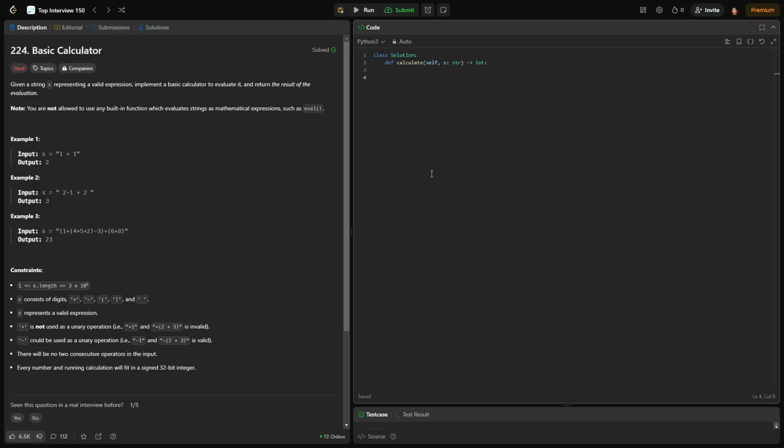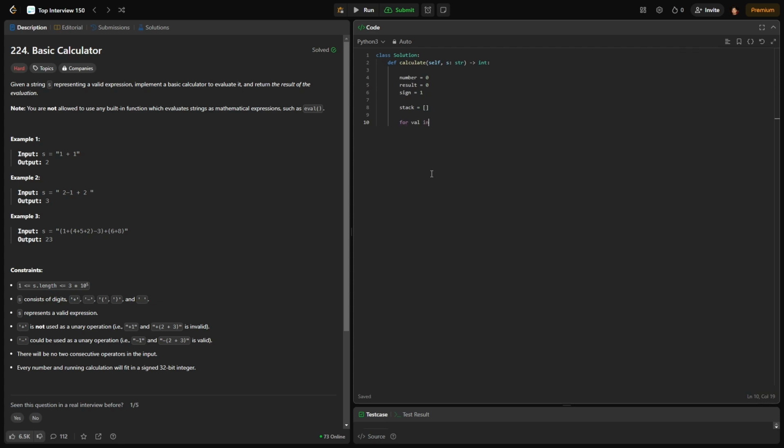The first thing we are going to do is initialize our number variable to 0, then result equal to 0, and sign initially +1. Now we are going to define our stack, which is an empty stack, and then loop through our entire string.